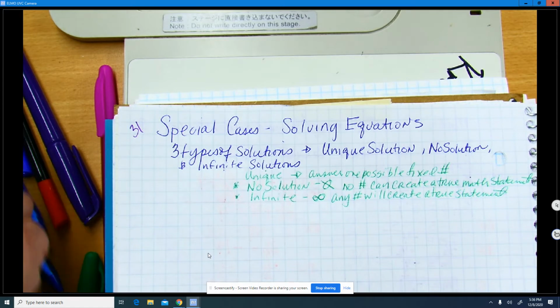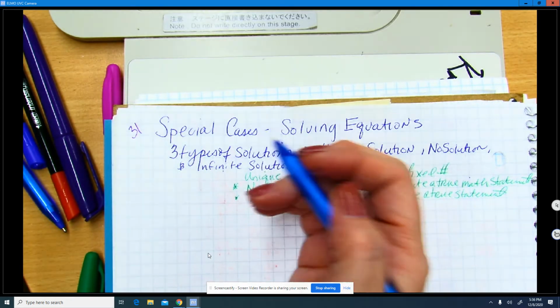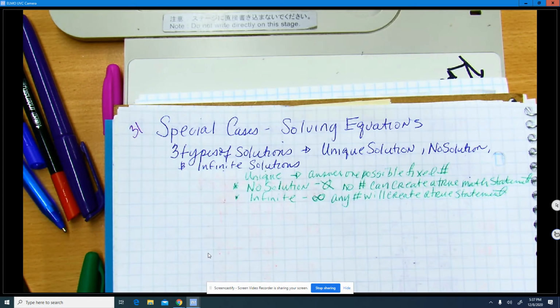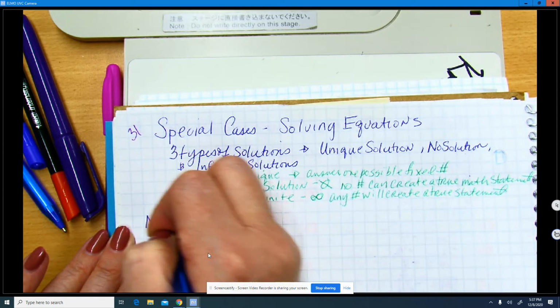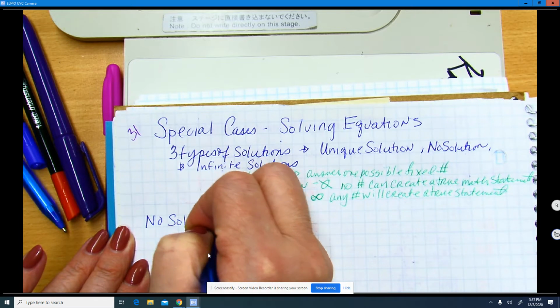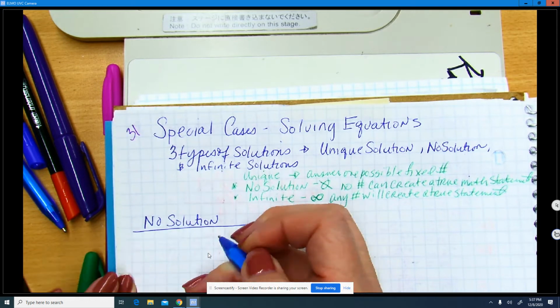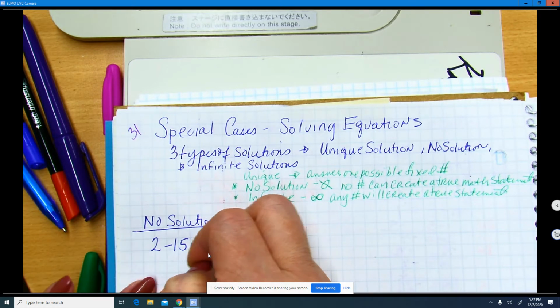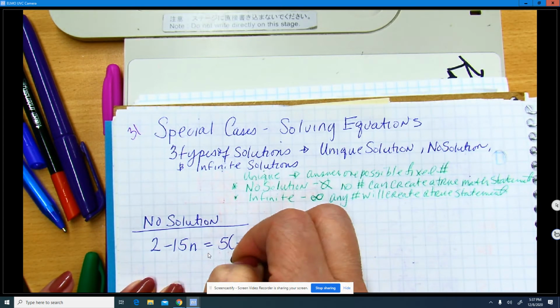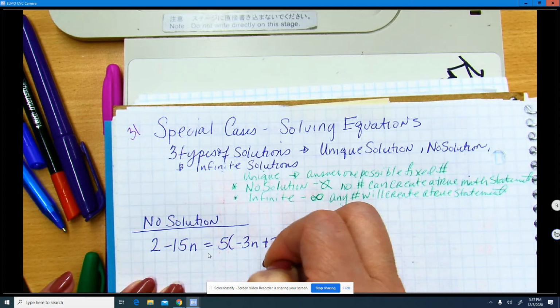So let's go ahead and solve an equation. And this is going to be our no solution equation. So the question is 2 minus 15n equals 5 times negative 3n plus 2.